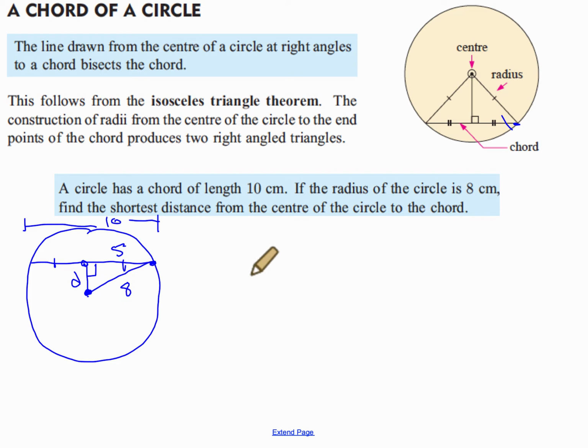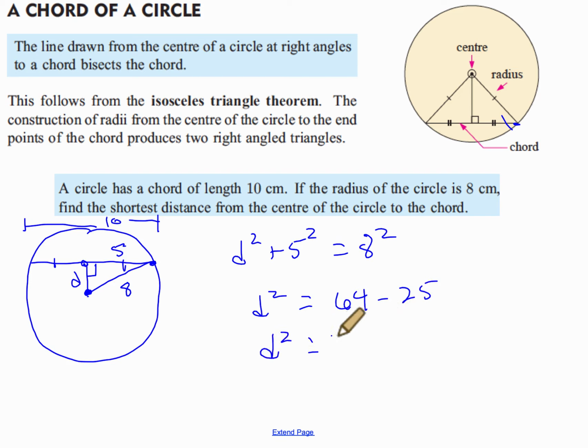Boys and girls, Pythagorean theorem time. D squared plus 5 squared equals 8 squared. D squared is going to equal, I'm going to skip a step, 64 minus 25. Hope you're okay with that. D squared is equal to 39. So then D is equal to the square root of 39.